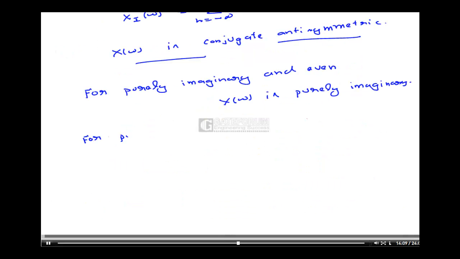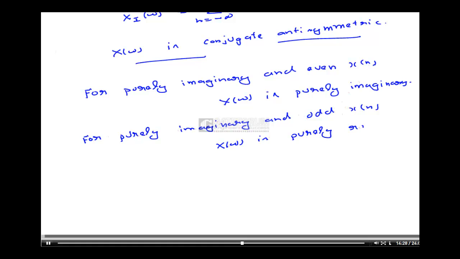For purely imaginary and odd x[n], X of omega is purely real. Okay. So these are the points which we have to remember in the symmetry property of the Fourier transform.